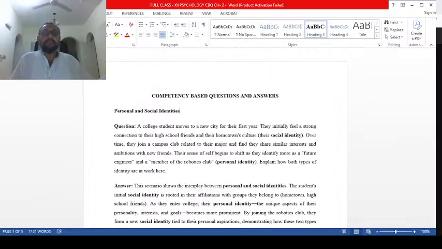Their sense of self begins to shift as they identify more as a future engineer and a member of the robotics club. See here, the personal identity is their name or their specific features, special qualities actually. So being a robotics club member, the person has this area, and we can say this is the personal identity.